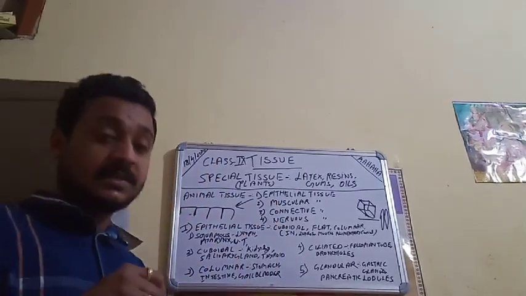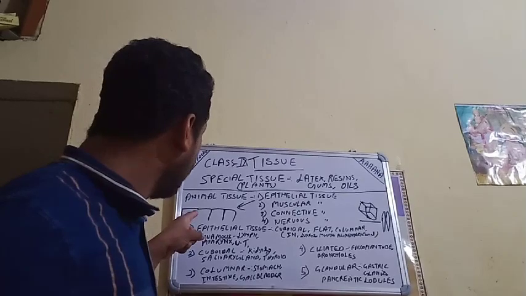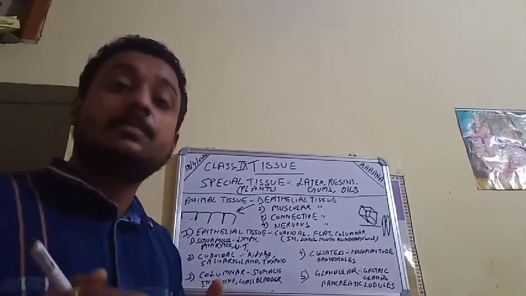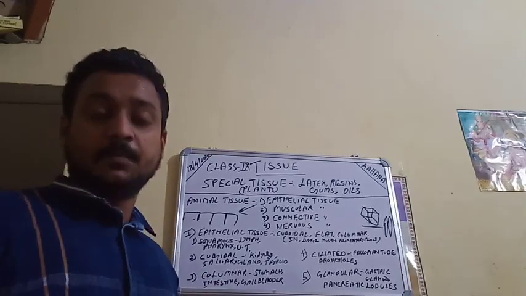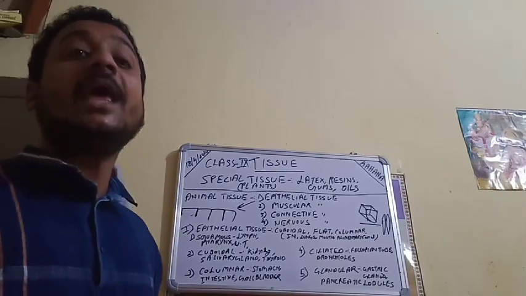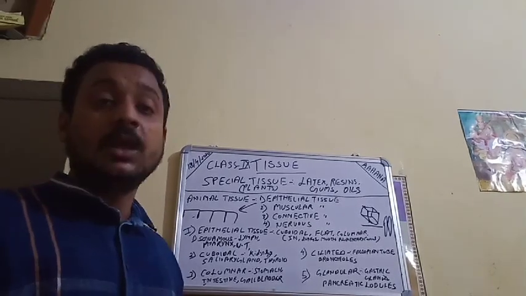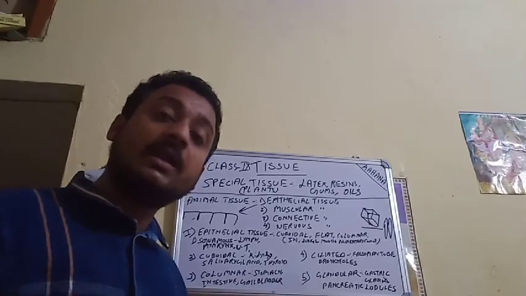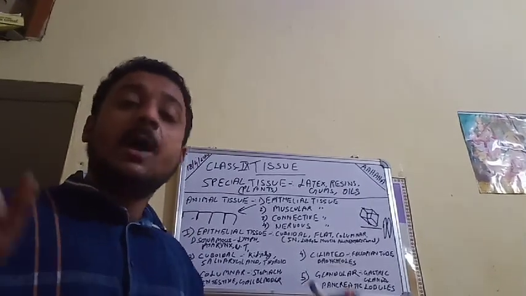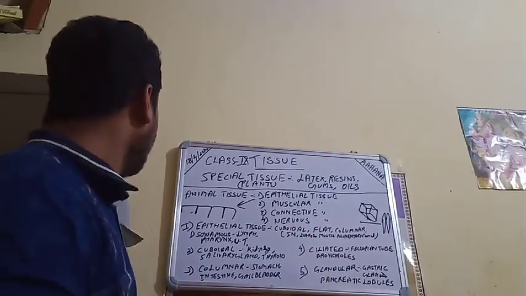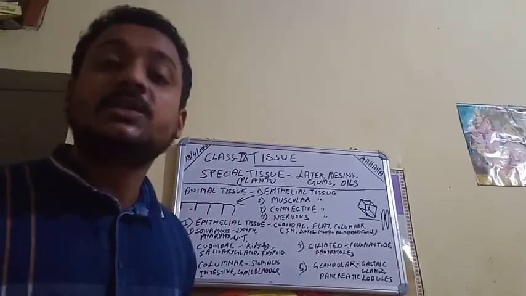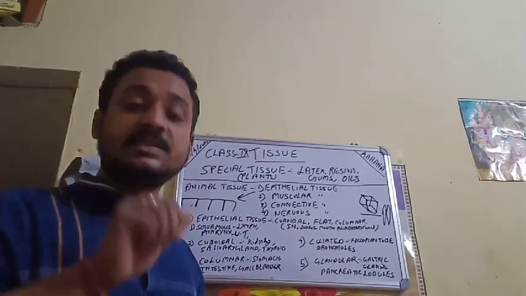In most cells we find intercellular spaces present, but here there are none. Why? Because of the presence of glycoprotein. What is glycoprotein? Glycoprotein is a mixture of carbohydrate as well as protein. The presence of carbohydrate and protein makes the wall of the epithelial tissue very much cemented, and there are no intercellular spaces left. I guess it's clear to you.